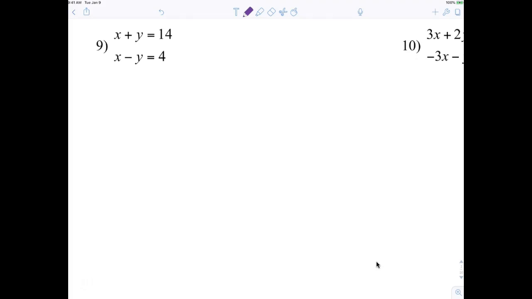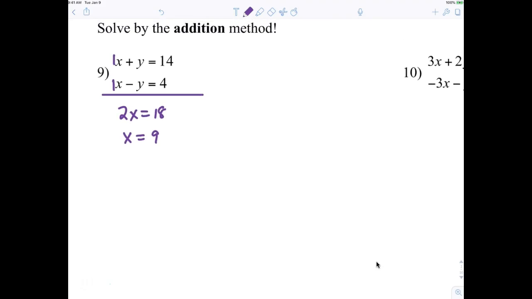All right, when you add them together, you end up with, be careful, 2x equals 18, right? Don't forget, 1 and 1. All right? So now we have what? 2x equals 18. So thank you very much. X equals what? 9. X equals 9. So now that we know that x equals 9, we take that and we substitute it in for x.